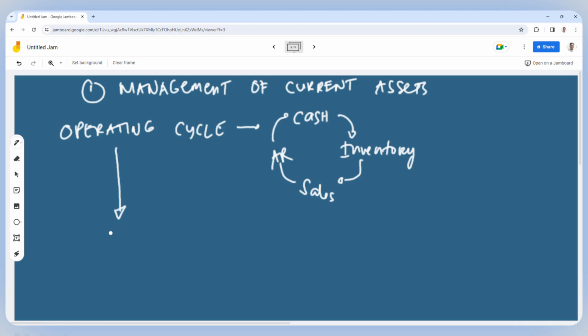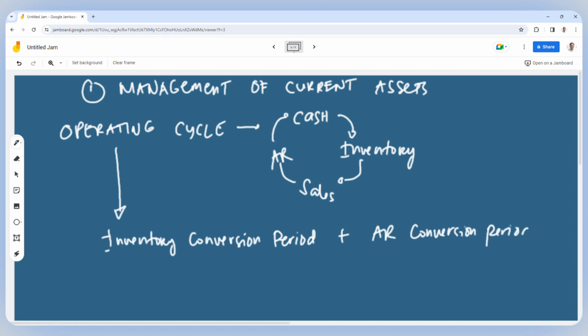In the operating cycle, the formula is your inventory conversion period plus your AR, or accounts receivable, conversion period. My question: how do we compute the inventory conversion period and the AR conversion period?